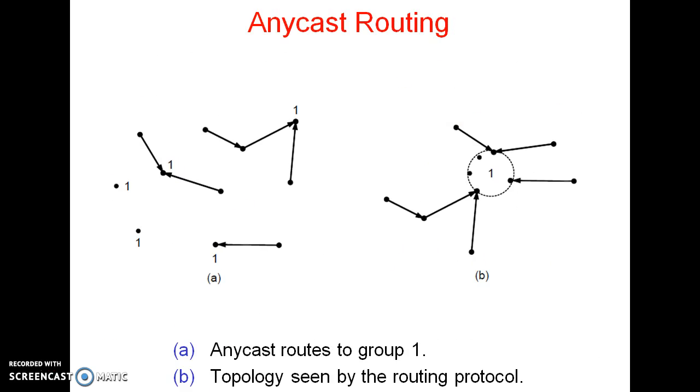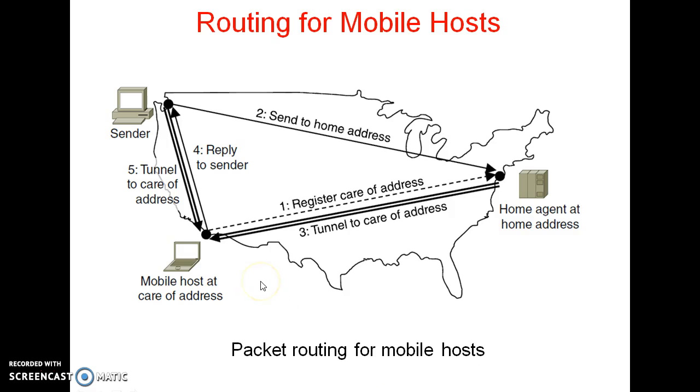Next is the anycast routing. Anycast routes to group 1, topology seen by the routing protocol. This is the routing from mobile host: the sender and the home address, register care-of address, send to home address, tunnel to care-of address, reply to sender, tunnel to care-of address.